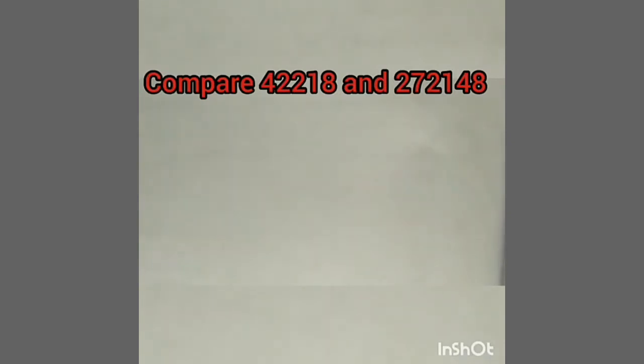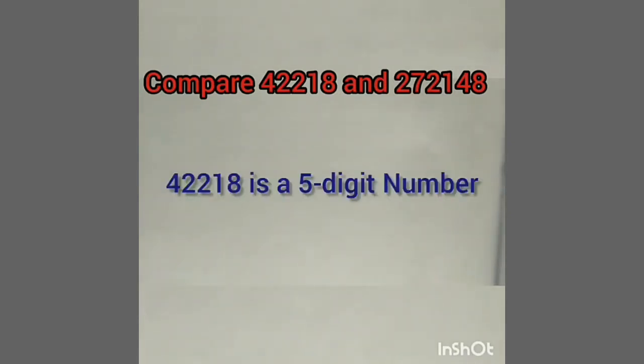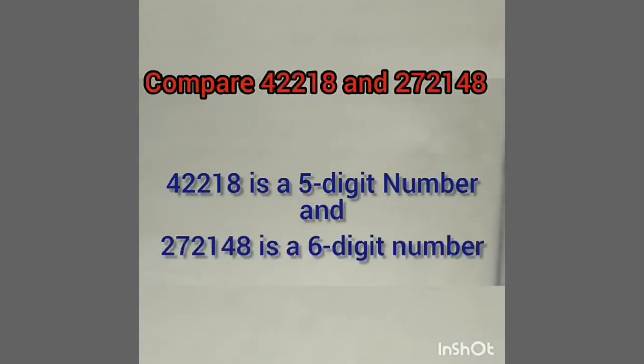Dear children, if you can see here, 42,218 is a 5-digit number and 2,72,148 is a 6-digit number. One number is a 5-digit number and the other is a 6-digit number.